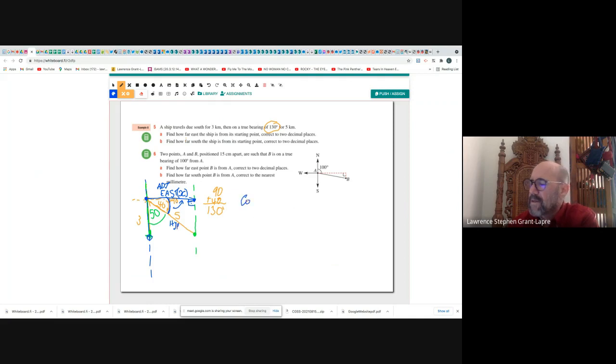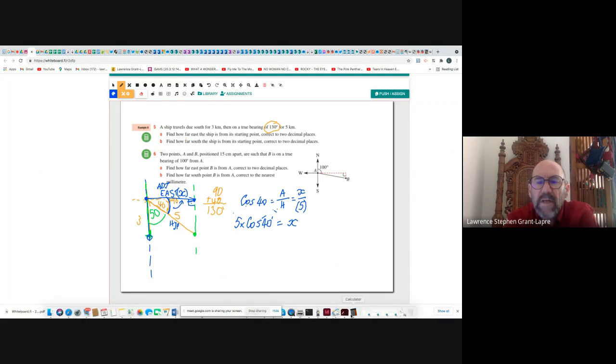So cos of 40 degrees equals adjacent over hypotenuse, which equals x over 5. So I can bring this 5 up here to be multiplied by cos 40, and we have our answer. 5 times cos 40 is how far east.